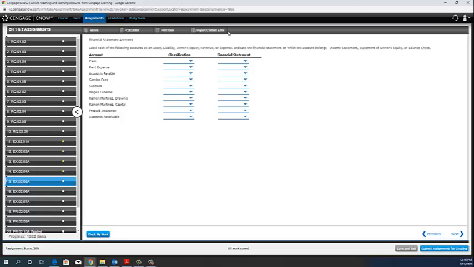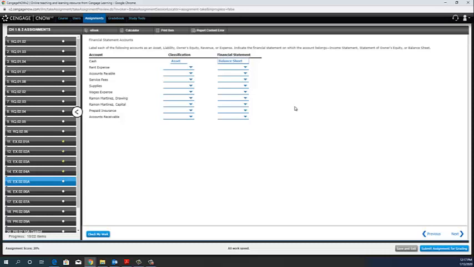Okay, so we remember that cash is an asset, and the financial statement that reports assets is the balance sheet. So the balance sheet is the only financial statement that contains an asset. So you'll just have to remember all assets, liabilities, and owner's equity is shown on the balance sheet.